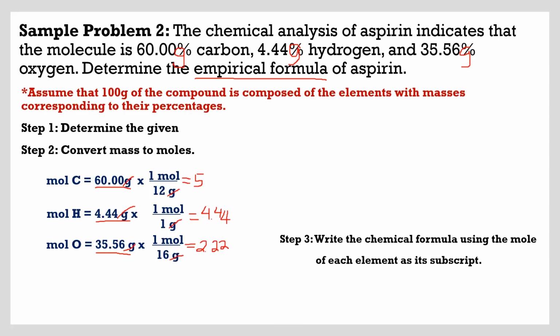The next step is to write the chemical formula using the moles of each element as its subscript. So it will become C5H4.44O2.22. Again, we need to convert these decimal numbers into whole number ratios because chemical formulas only use whole numbers.